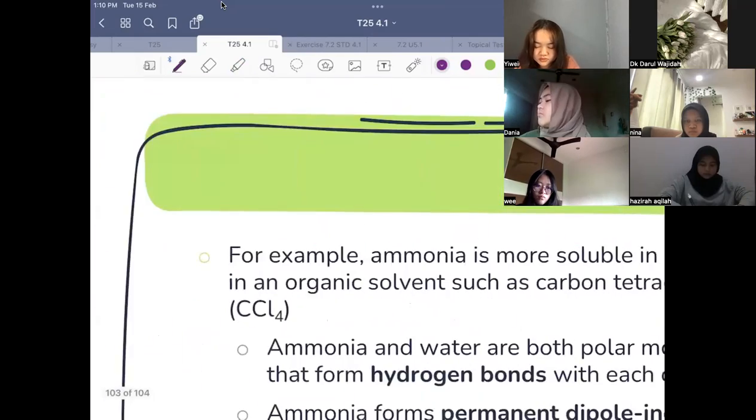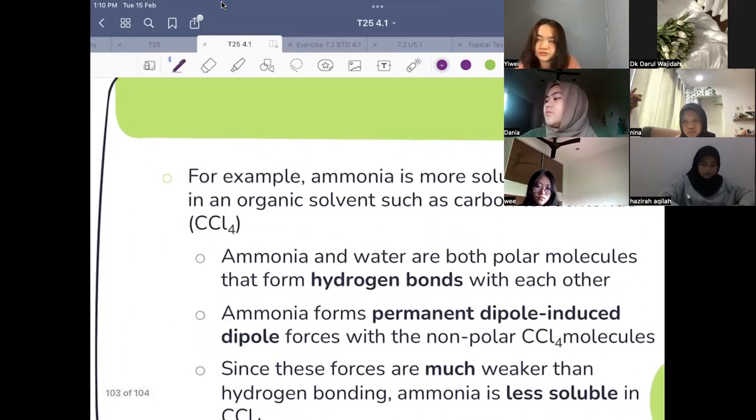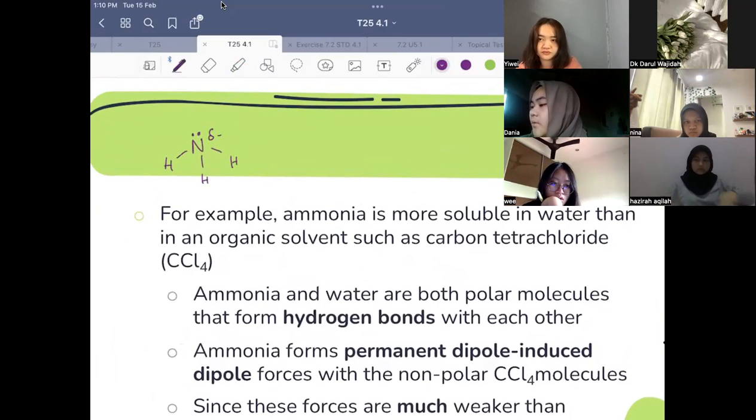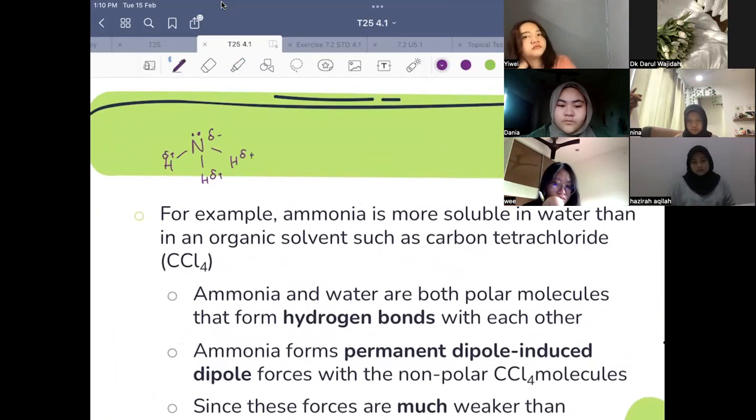So we're going to look at the next example, ammonia. If you remember ammonia and how we look at the polarity, the nitrogen is delta minus and all the hydrogens have delta plus. The presence of a lone pair suggests that ammonia is a polar molecule.